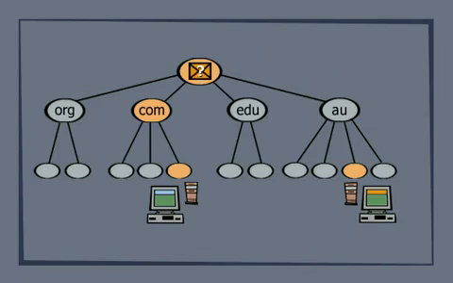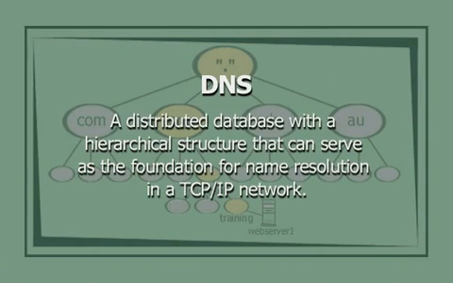Name resolution is the process of resolving a fully qualified domain name to an IP address. DNS is a distributed database with a hierarchical structure that can serve as the foundation for name resolution in a TCP/IP network.